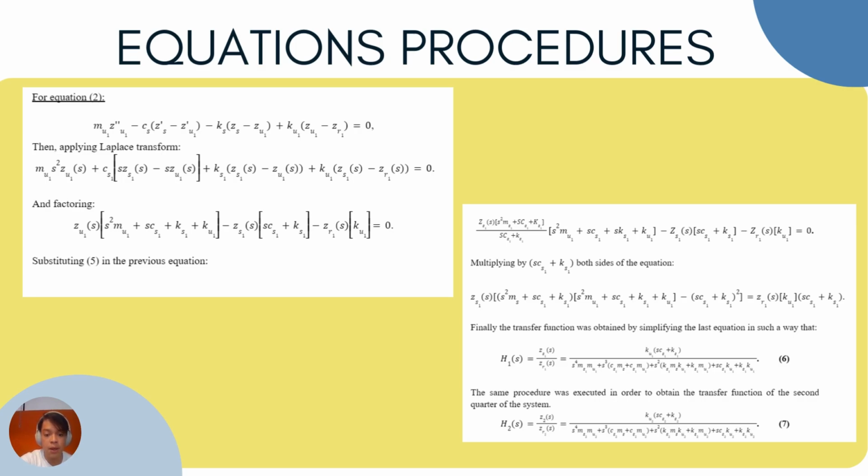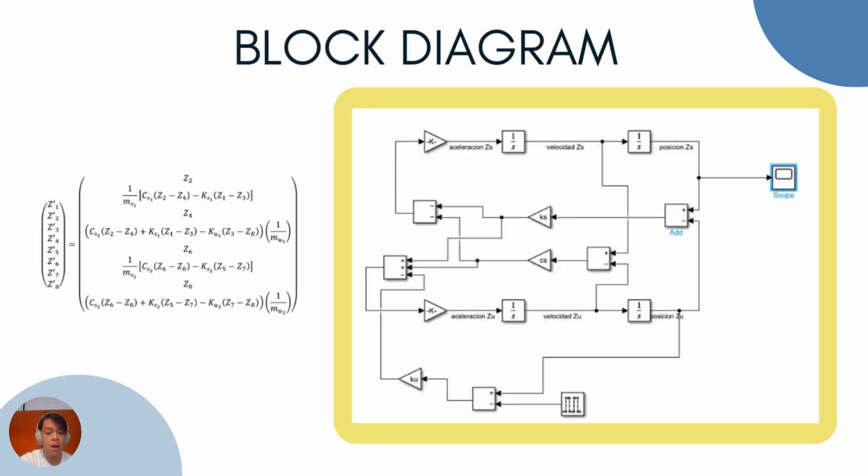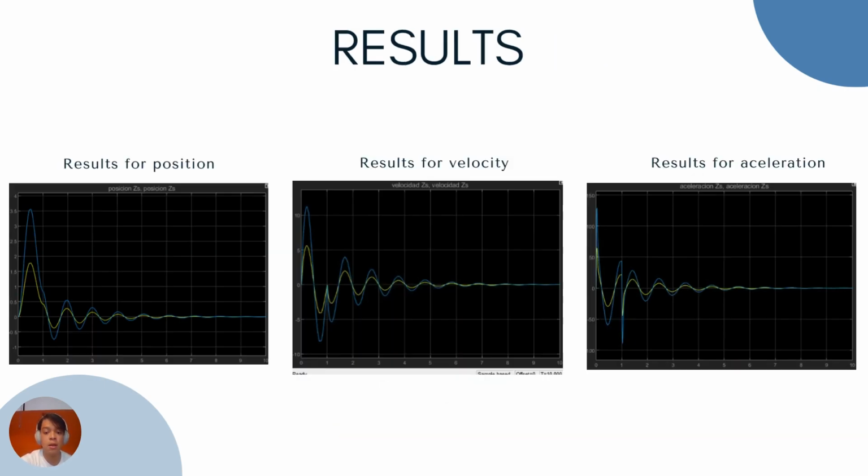And we finally arrive at our transfer function. And then our block diagram, which we introduce in Simulink. We programmed this block diagram in Simulink to get these graphs that describe the behavior for position, velocity, acceleration.